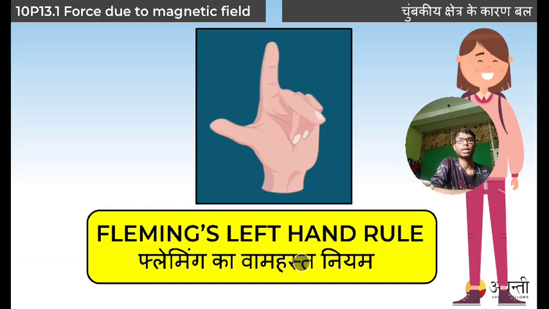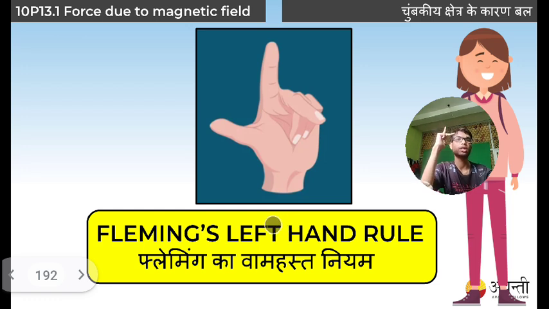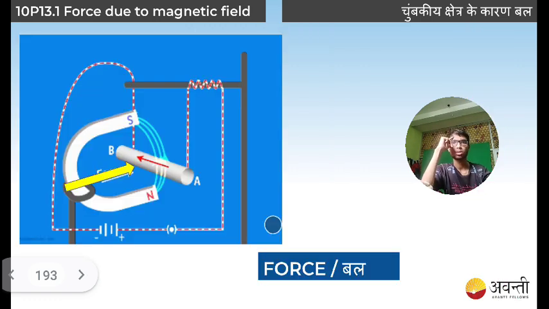Fleming's left hand rule. What is it? Let's see. It is like that. Here this will come like that. Here it is the aluminum rod, it is working like that. And this is what?